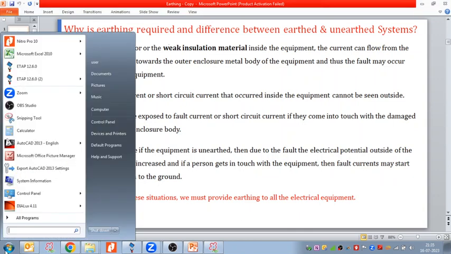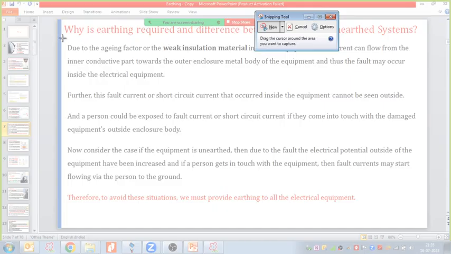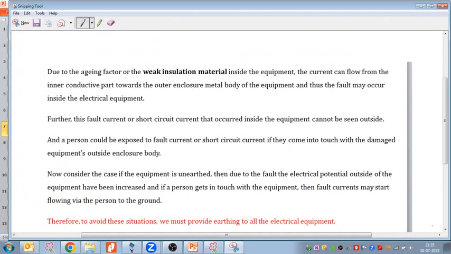Taking a wider aspect, any electrical equipment is made of three major components. The first is the inside conductor, which is metal and carries the current.